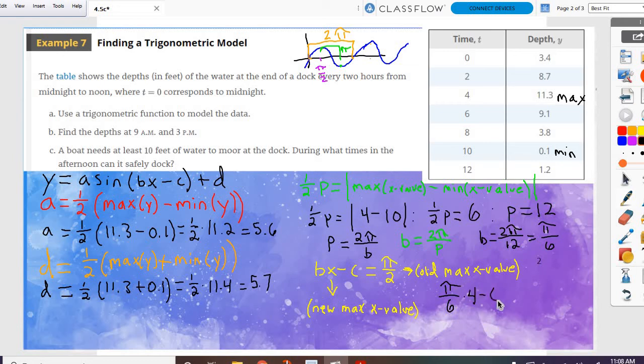Well, we don't know what c is, so we have minus c. And then we're going to set that equal to pi over 2. And then we're just going to solve. Okay, well, I know that 2 goes into both 6 and 4. So that gives us 2/3.